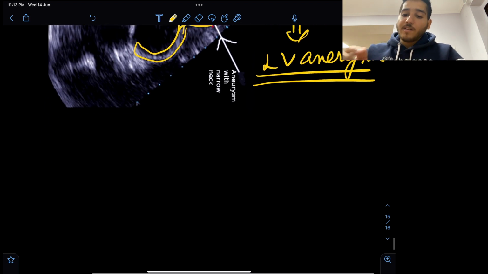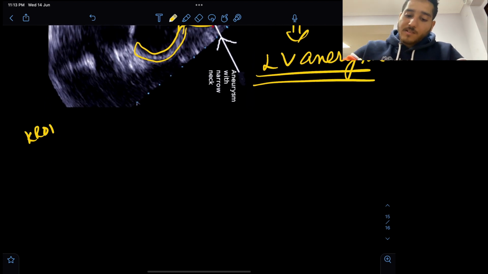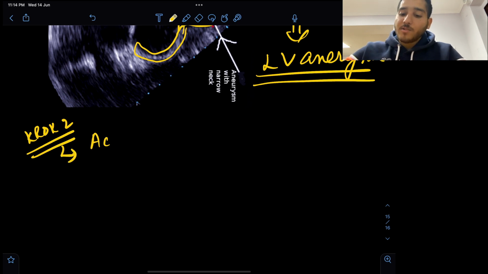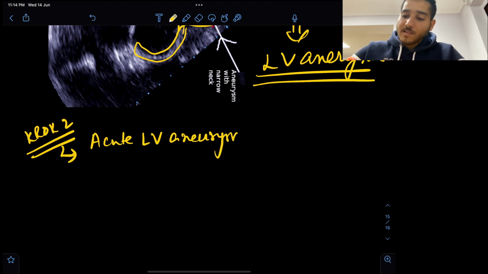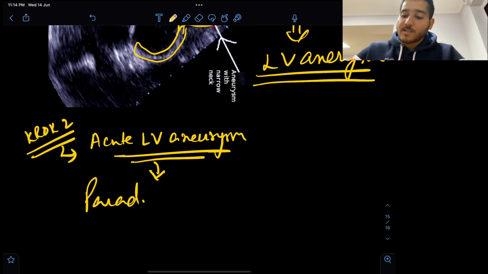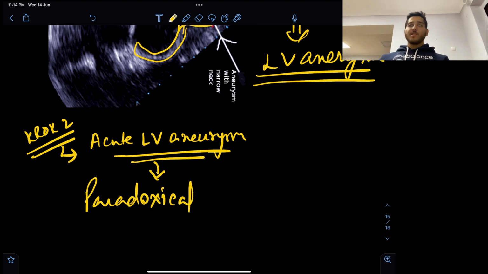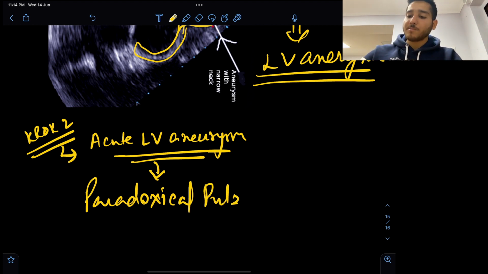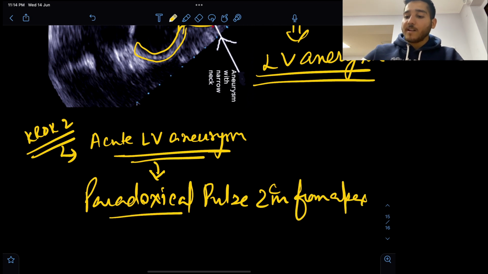Okay. In a Krok 2 question, for explaining acute left ventricular aneurysm, they'll use the keyword paradoxical pulse. So they'll describe a patient of MI. Now we are doing objective examination and we are getting a paradoxical pulse 2 centimeter from the apex. Right. What does it mean?